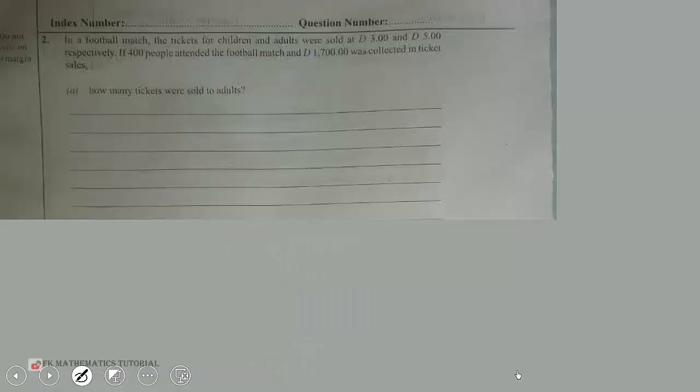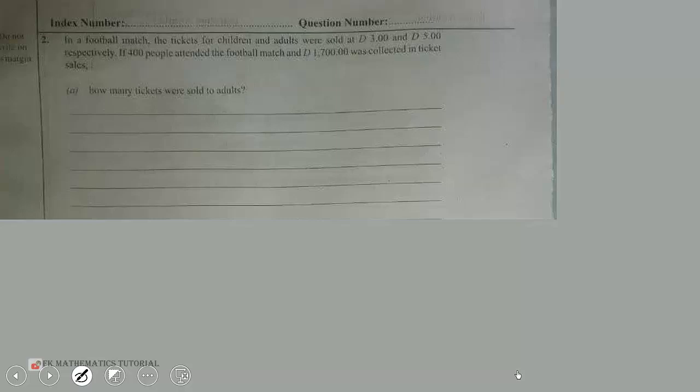Question 2. In a football match, the tickets for children and adults were sold at D3.00 and D5.00 respectively. So if 400 people attended the football match and D1,700 was collected in ticket sales, how many tickets were sold to adults?